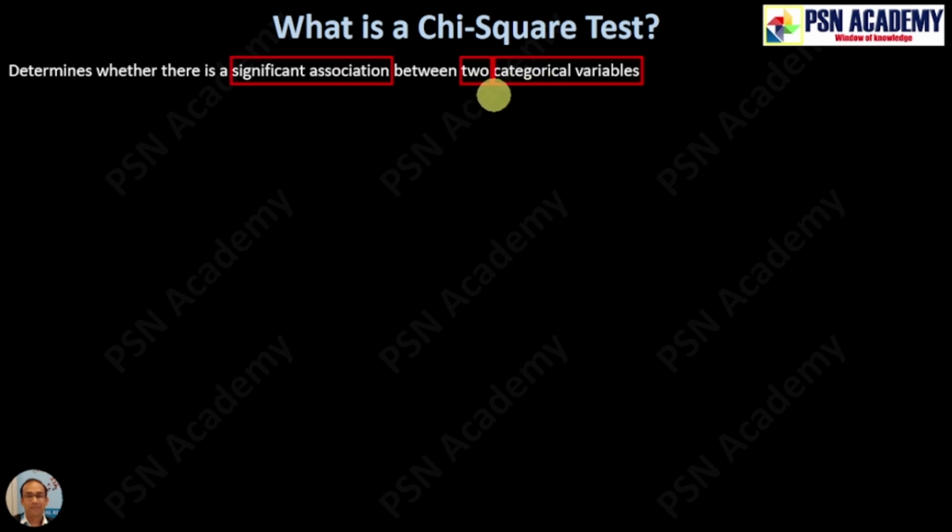These categorical variables are also known as qualitative variables, and the other type are quantitative variables, which are numeric variables. But in categorical variables, you will not find numbers, so these are non-numeric variables, right?